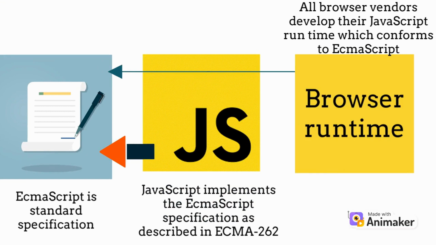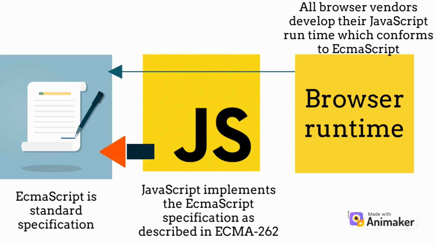So any new feature which gets added to EcmaScript, by default all browser vendors need to update their JavaScript runtime so that this new feature will be included in their runtime, so that if you write your JavaScript using that feature, that will be understood by this JavaScript runtime and it will work in that particular browser. I hope now this ecosystem is clear for you and you are clear with JavaScript, EcmaScript and JavaScript engine.